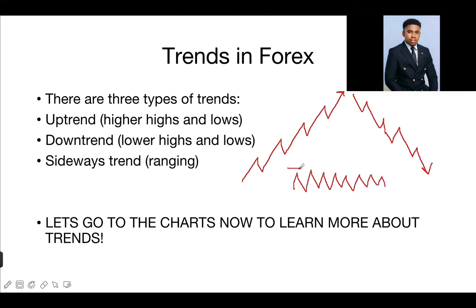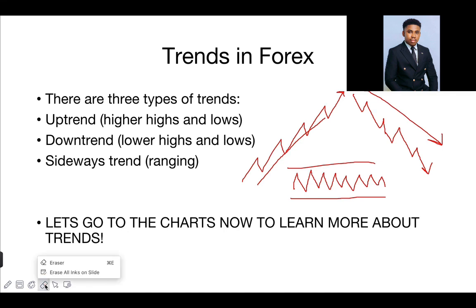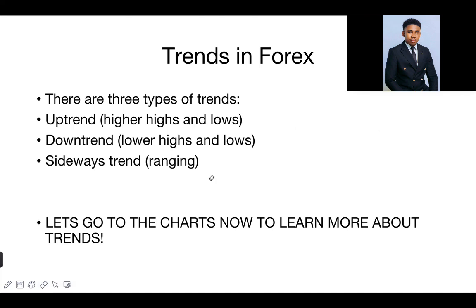So you can see that these highs and these lows are relatively equal. And in the uptrend, you see that price is moving to the upside, and in the downtrend, you see that price is moving to the downside. So that's basically what the trends look like. Uptrends are moving up, downtrends are moving down, sideways trends are moving sideways or ranging, basically.